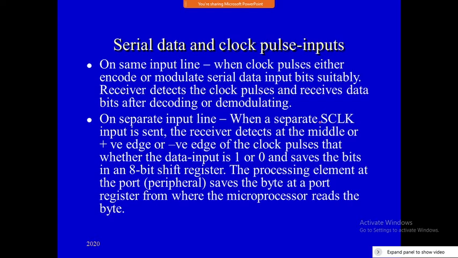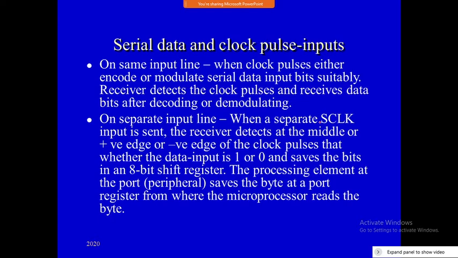A receiver detects the clock pulses and receives data bits after decoding or demodulating. Whenever you want to send the data, you may use encoding techniques or any modulating technique. Then on the receiver side, it is going to use the decoding or demodulating technique to get the data.